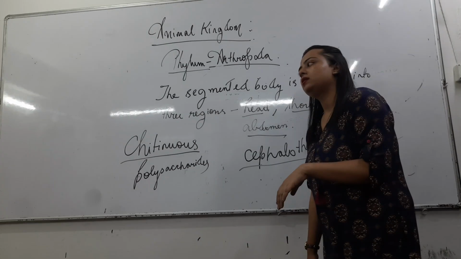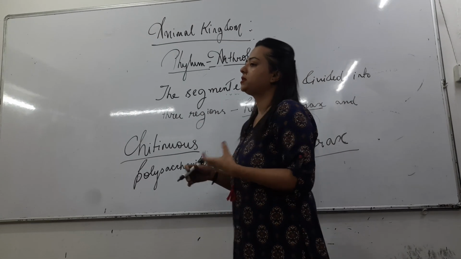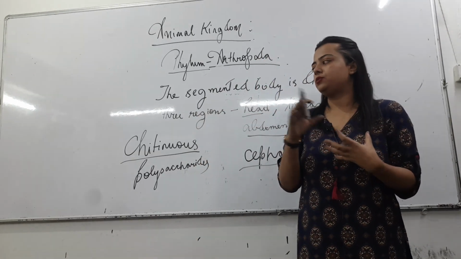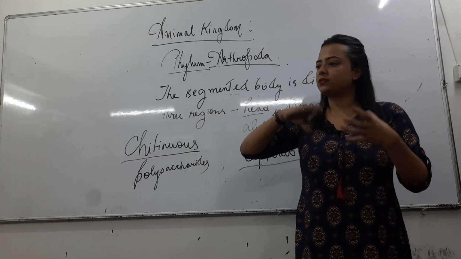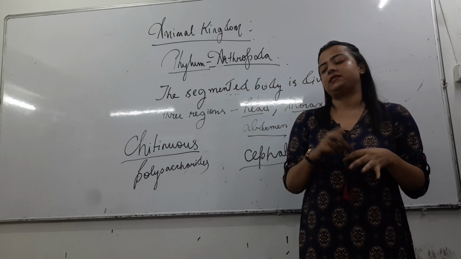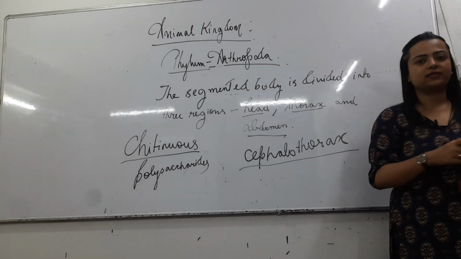Now some insects and organisms within Arthropoda shed their own skin, molting of their skin. They shed the old chitinous exoskeleton. That is called ecdysis, okay? You can write down the term. Casting of old exoskeleton.